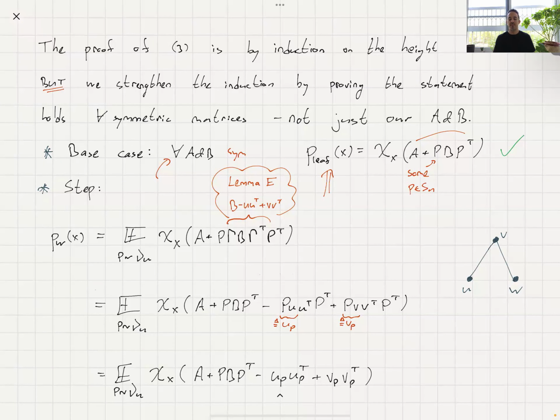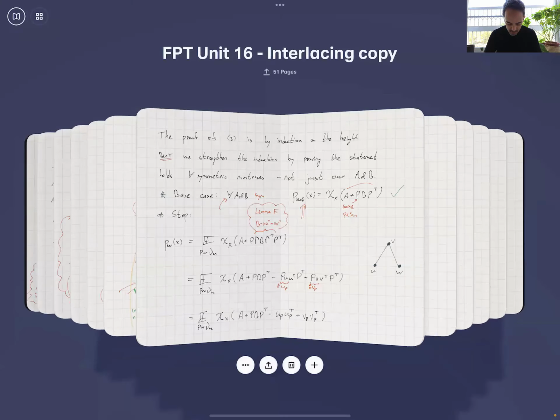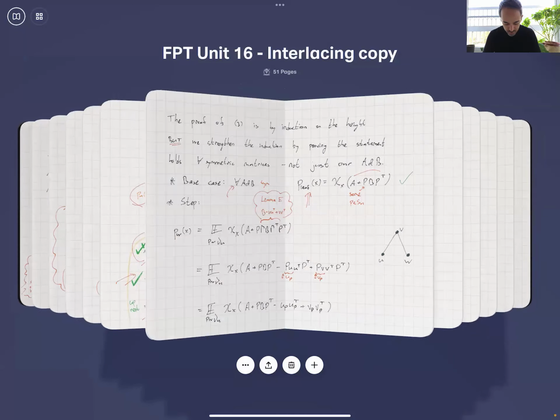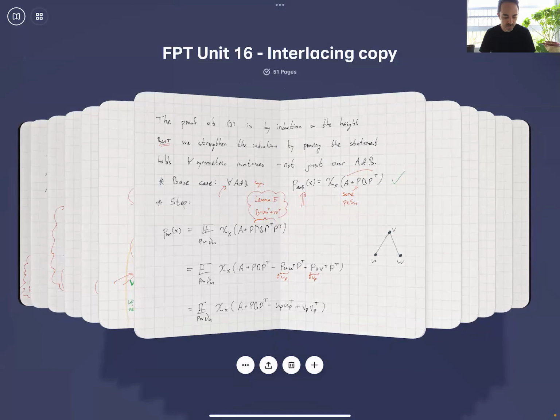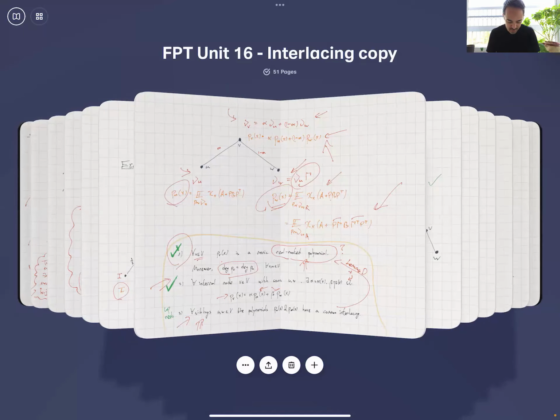And so this means that indeed this is real-rooted. I mean, we know that this is real-rooted. Here is the base case. So we want to prove real-rootedness and this property. So the real-rootedness holds there.